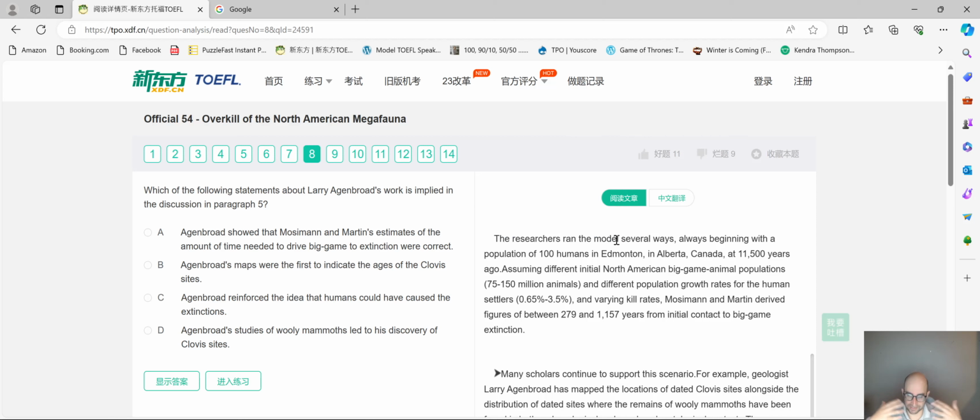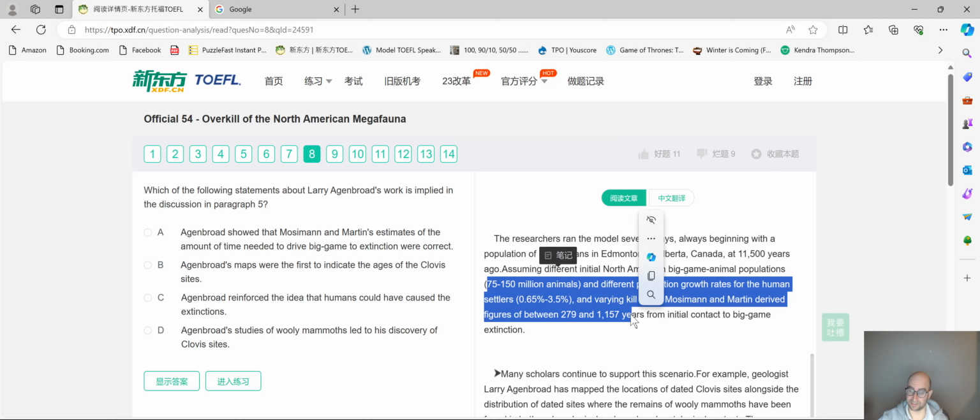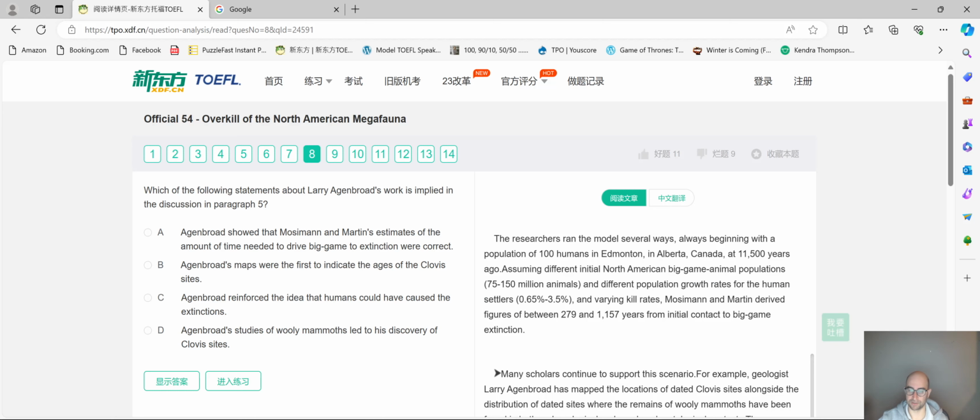They had a simulation, the scenario, to figure out whether humans were the main factor that caused these big game animals, these megafauna, to become extinct. And then they came up with statistical information, these figures, to do that.